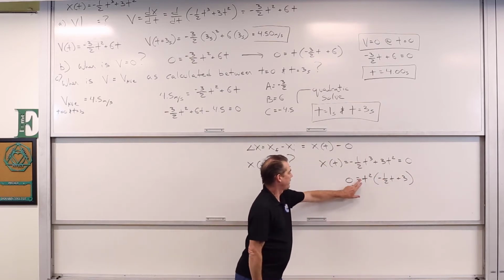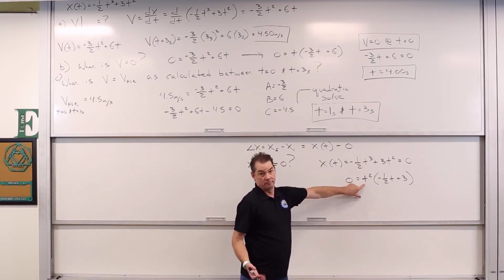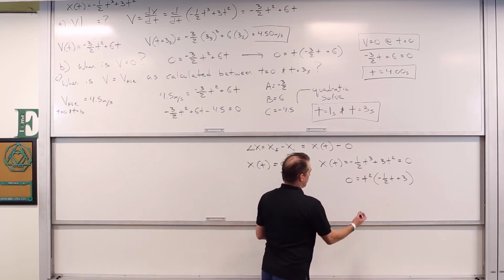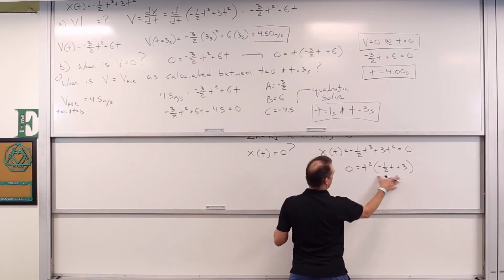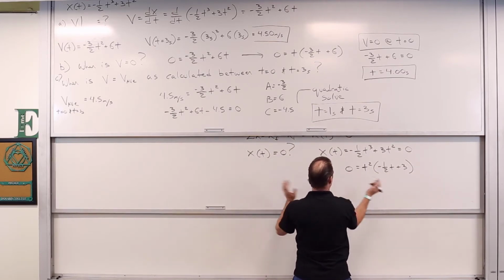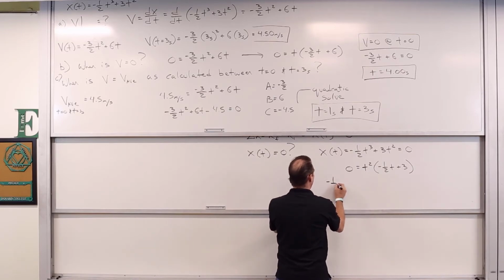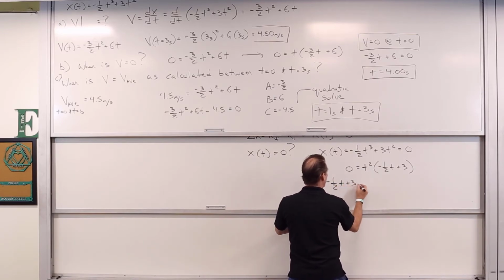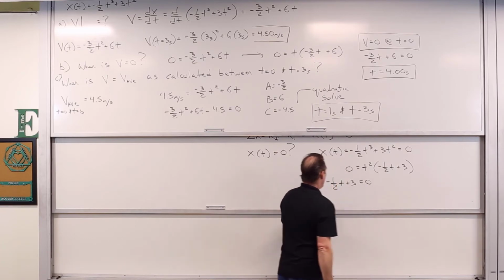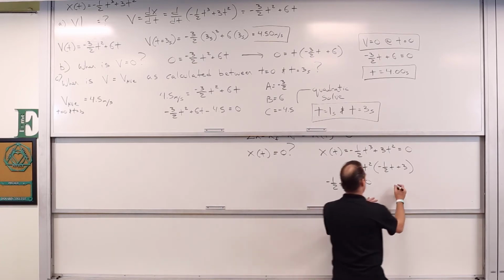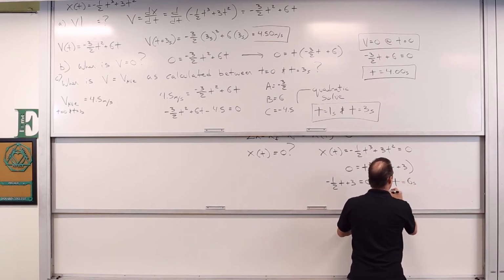That t squared gives us 0, and that's one of the times. For the other time, -1/2 t plus 3 is equal to 0, which gives us t equals 6 seconds.